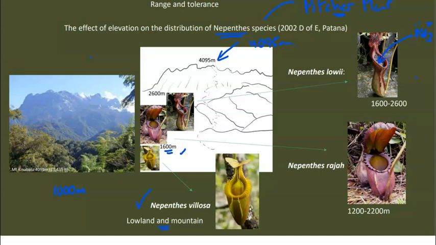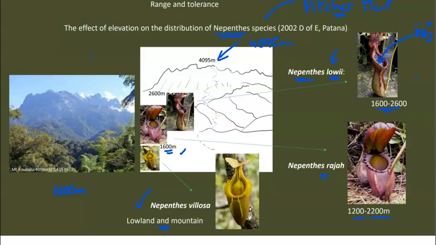Overlapping with this distribution was the appearance of Nepenthes rajah here, with a lower limit of 1,200 meters going up to 2,200 meters. As we ascended up through the 2,000 layer, we encountered a new species, which was Nepenthes lowii.